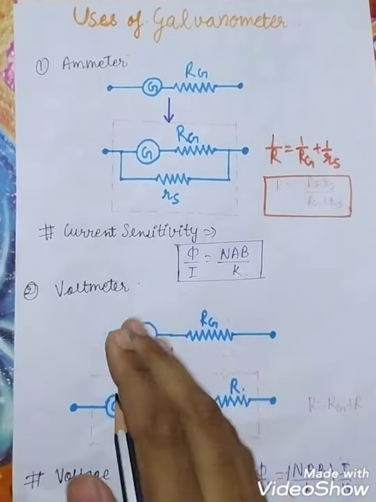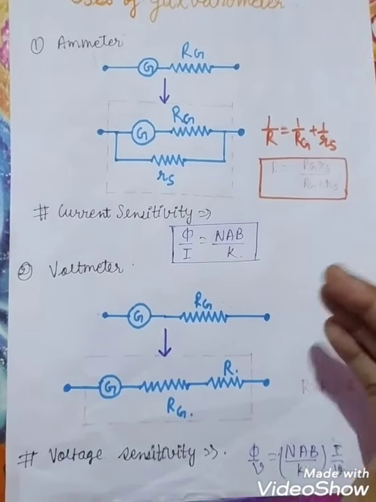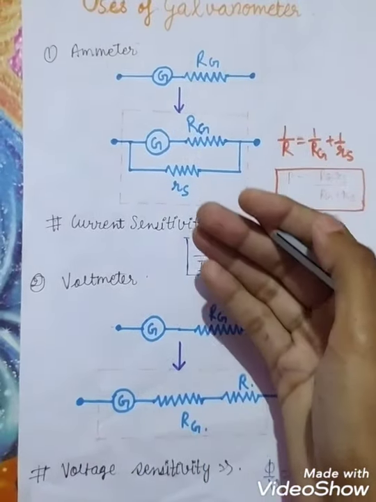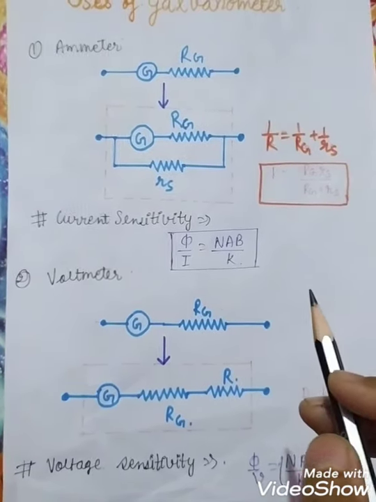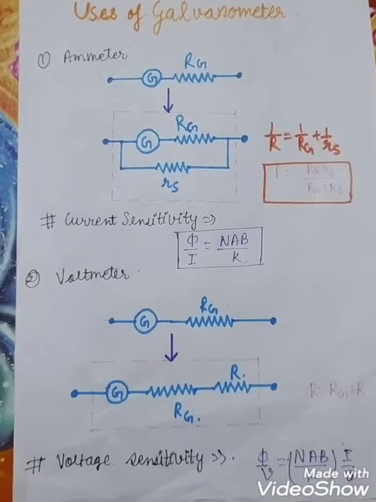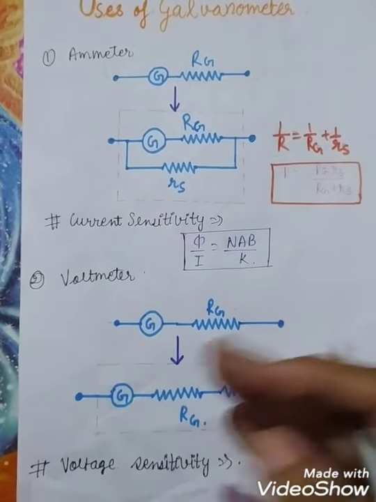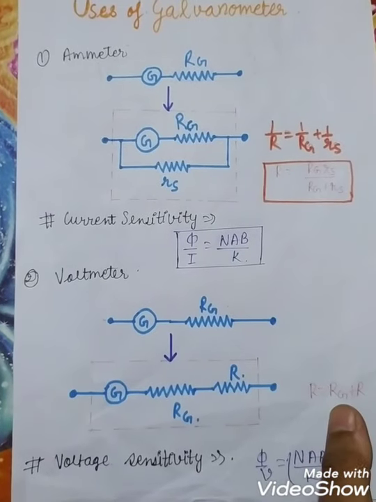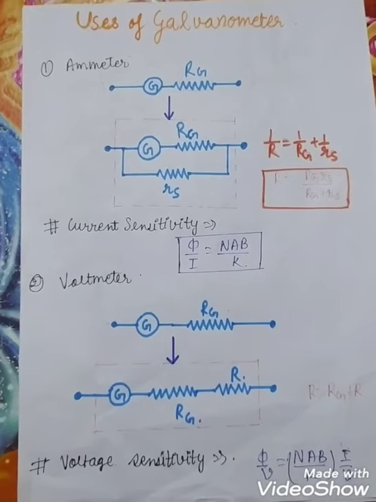Before this device, there was a certain value of current, and we are not getting that value now. Why? Due to the presence of such high resistance in the galvanometer itself. So what can we do to reduce the resistance and get the current as it was originally? How can we reduce the value of resistance?